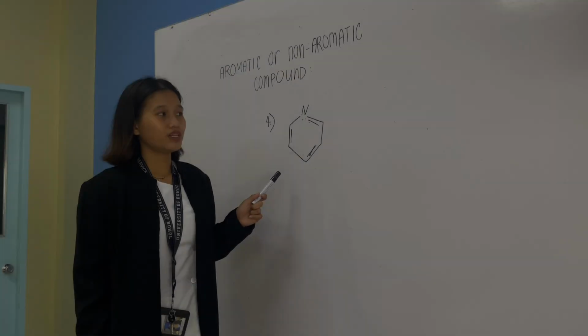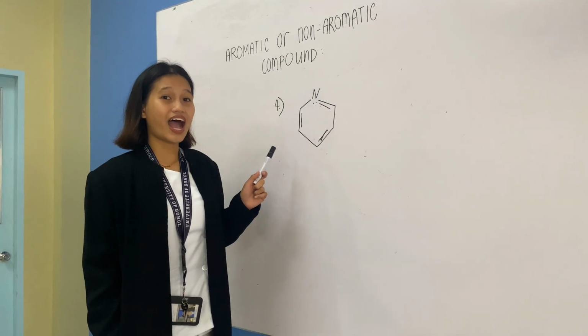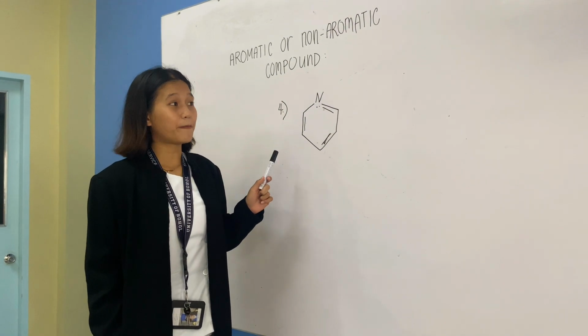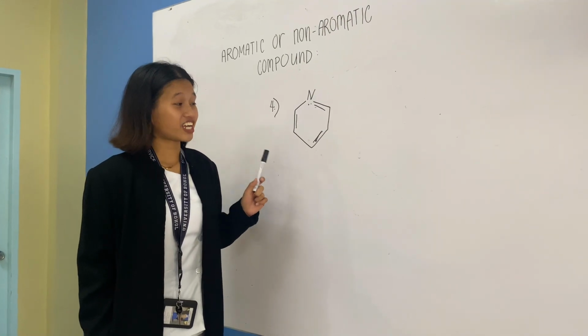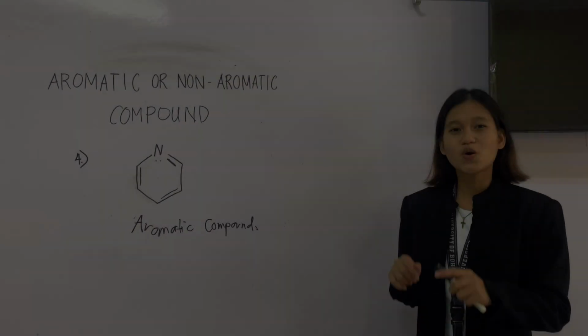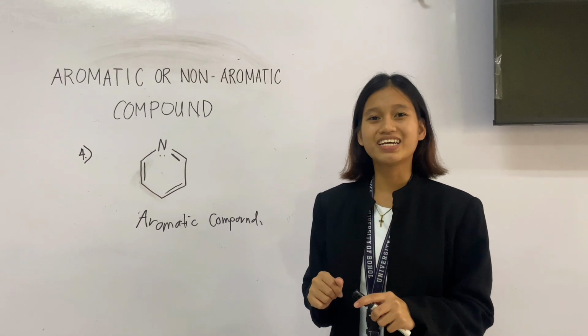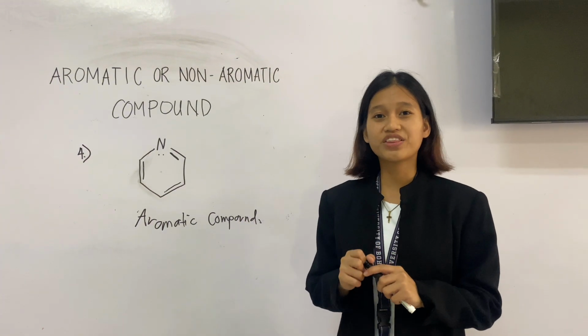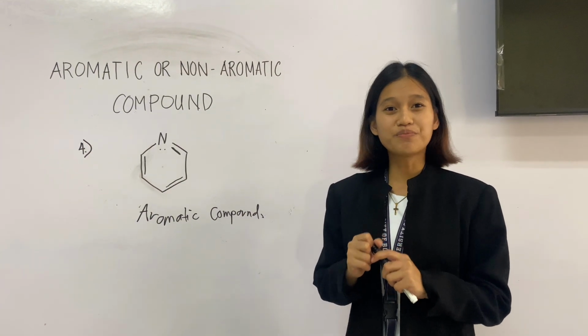The fourth rule is that we need to have an odd number of pi-cloud electron pairs. So that's how to apply the rules to understand whether or not it is an aromatic compound.